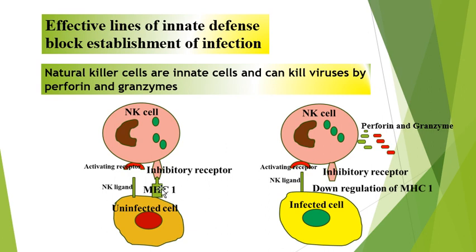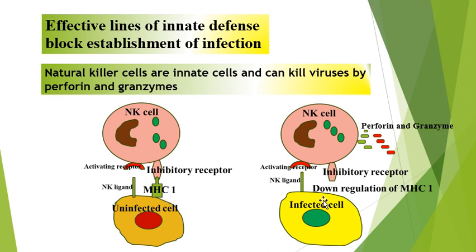For example, this host cell, when it gets infected, and they also recognize host cells infected by viruses, and they also recognize cancerous cells. So NK cells normally have an inhibitory receptor on their surface which interacts with major histocompatibility class 1. So this is an infected cell.